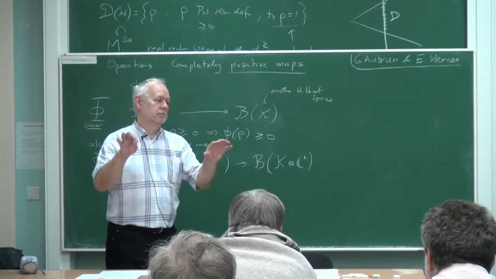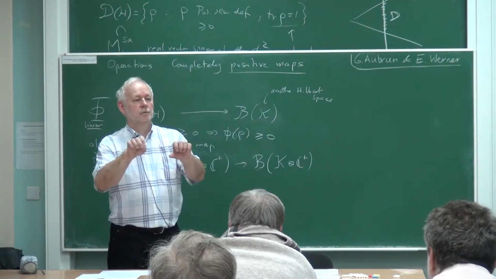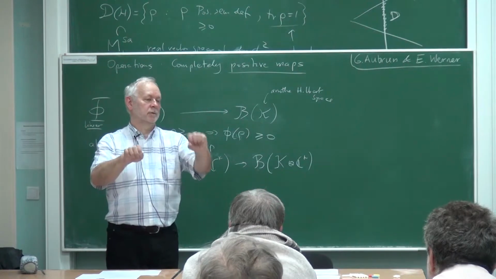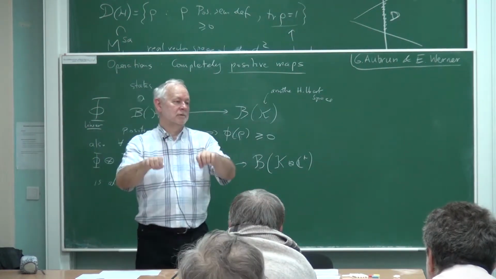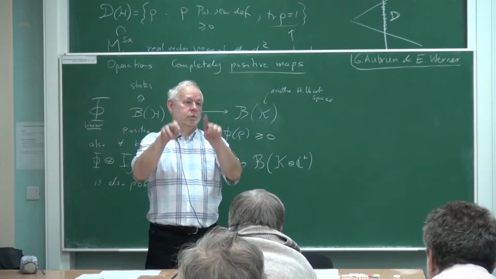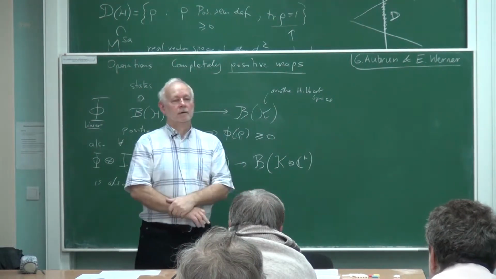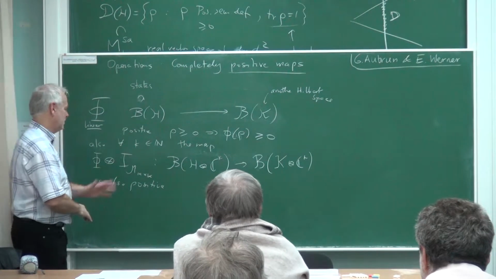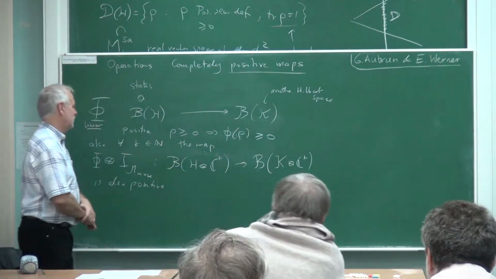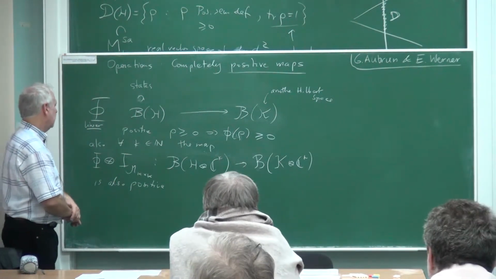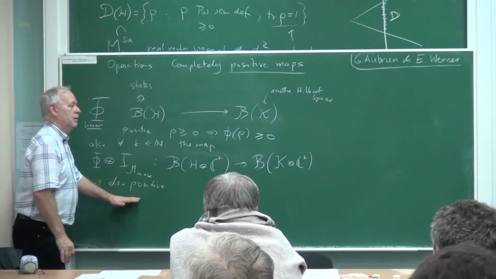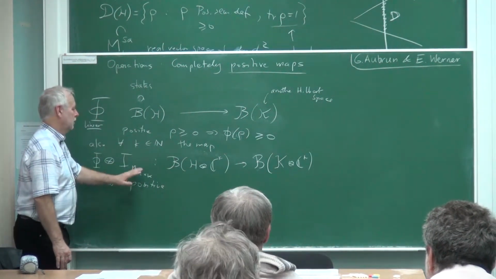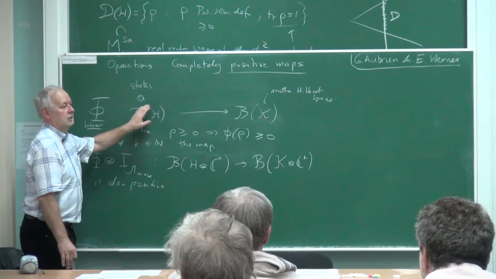When you take the tensor product of two Hilbert spaces, you have an orthonormal basis here and an orthonormal basis there, and an orthonormal basis in the tensor product is given by the products of the respective bases. But we will have a more concrete description of what this really means.